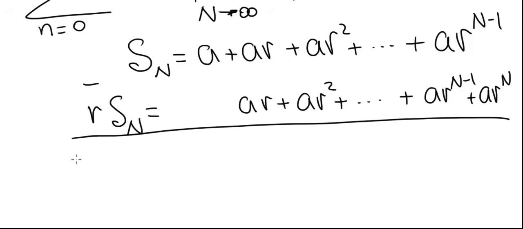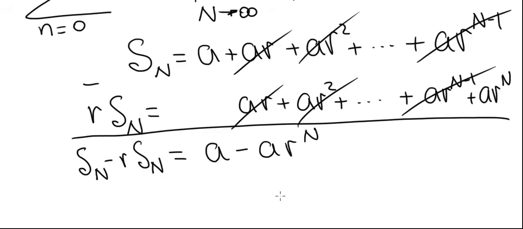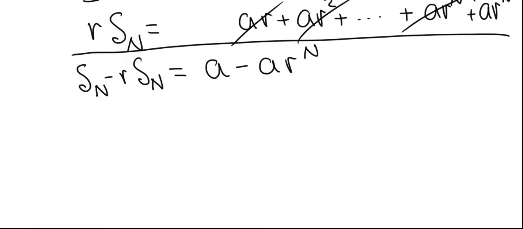Now we can subtract r S_N from S_N. The left hand side will be S_N minus r times S_N. And on the right, you see that ar cancels, ar squared cancels. Everything cancels. Ar to the N minus 1 will cancel with ar to the N minus 1. We just have a from the top row minus ar to the N from the bottom row. Now on the left, we can factor S_N out.